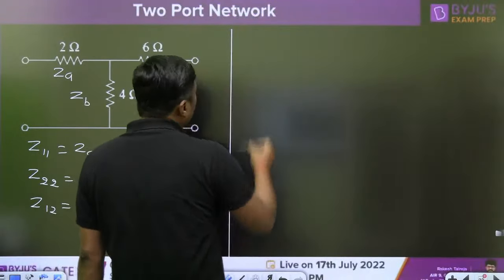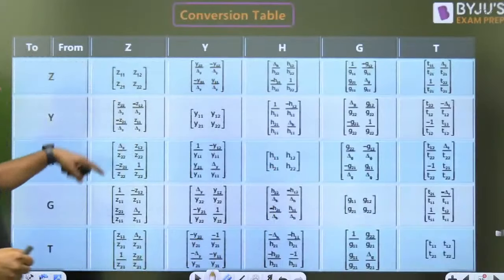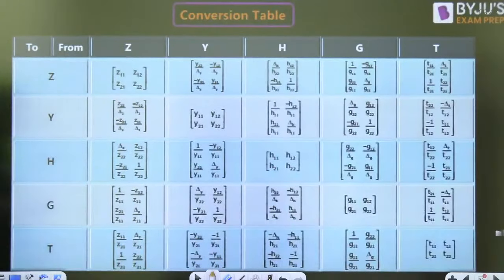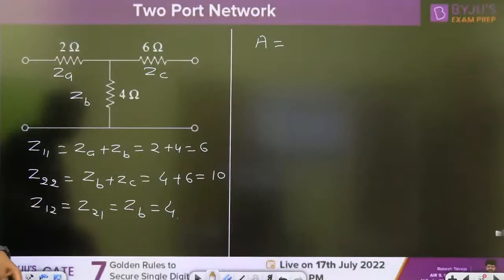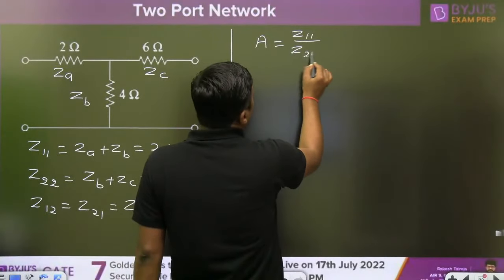And now my dear friends, what is the conversion formula for A? Remember this table, this is a very, very important table. It is visible to everyone. That is Z in terms of Z, Y in terms of Z, H in terms of Z, and T in terms of Z. So according to the table, what is A? Z11 upon Z21.